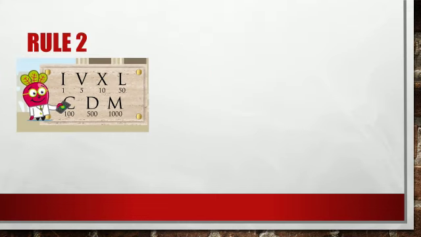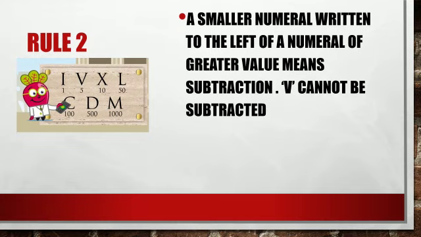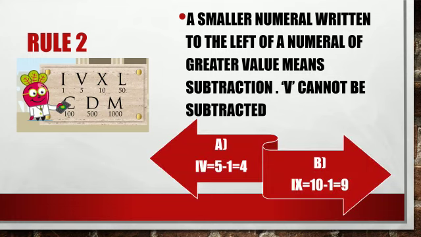Let's see rule number 2. Rule number 2 states that a smaller numeral written to the left of a numeral of greater value means subtraction, and V cannot be subtracted. Let's see an example to understand what this means. We have the Roman numeral IV, which is represented as 4.